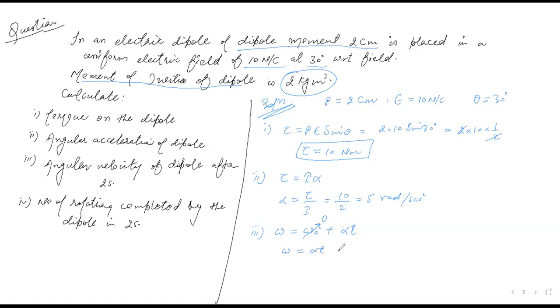Alpha is 5 radian per second square, and t is given as 2 seconds here. It will be 10 radian per second.